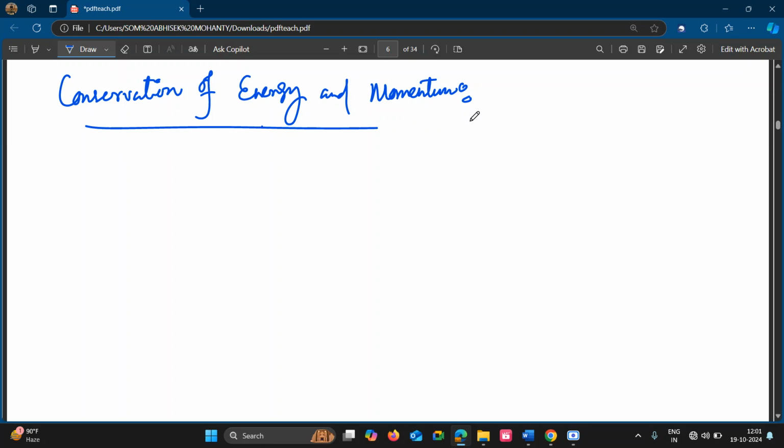Suppose there is a transformation. If I write P'^α, how will I transform it? I will use Λ^α_β and P^β. So eventually I get this P'^α.